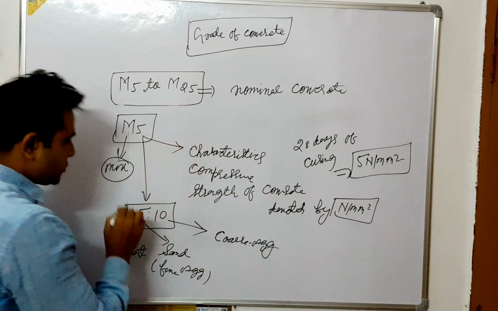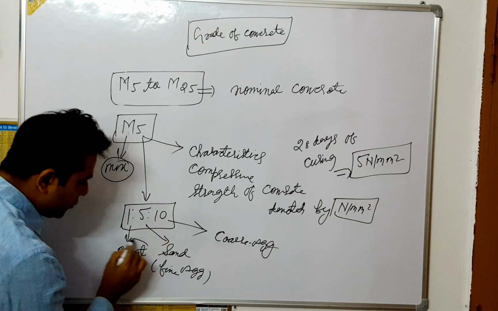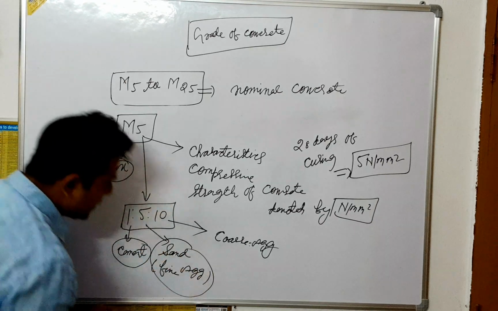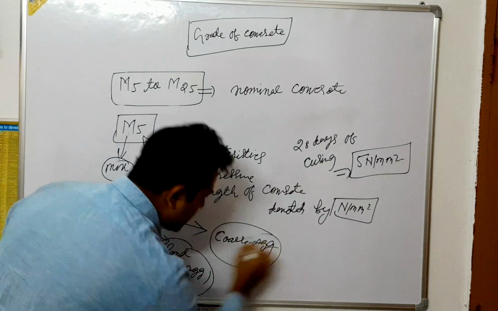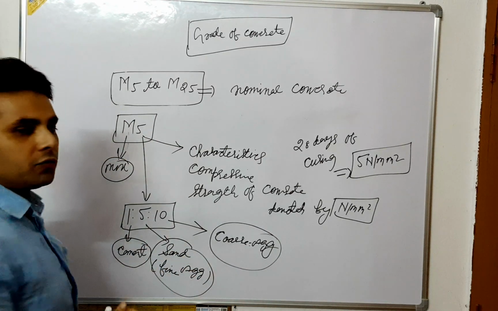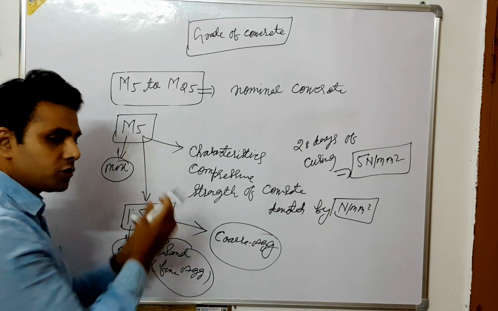So the ratio of M5 is 1:5:10, meaning you have to use 1 bag cement, 5 bag sand and 10 bag coarse aggregate. In any construction, if you are going to use M5 grade of concrete, you have to follow this proportion 1:5:10.